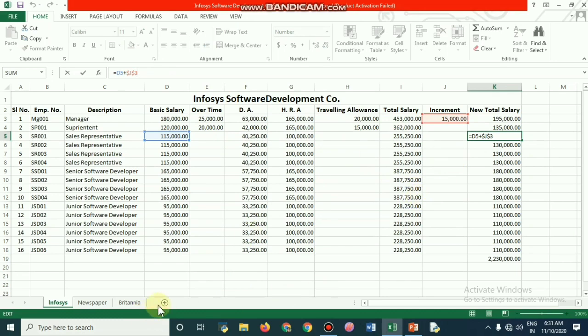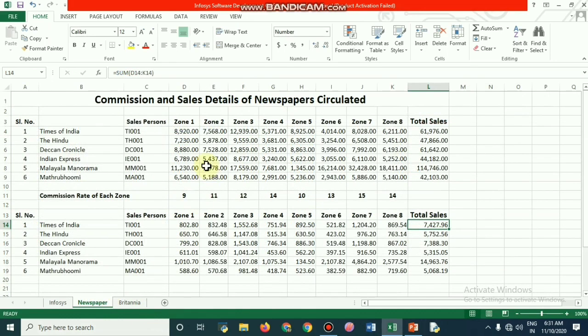Okay, and when I am calculating commissions over here, look here, this is the sheet. You have all the data in your sheet. I just want to calculate the commissions in zone 1 so that, look, it must be a fixed cell.